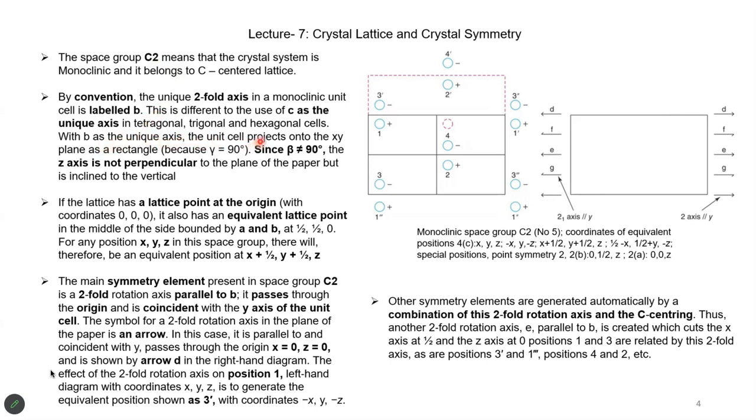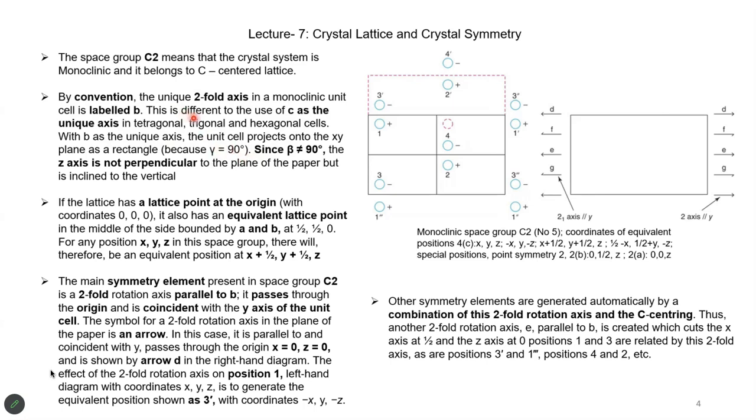With this convention, for the C2 space group with B as the unique axis, the unit cell projects. How do we project this unit cell? We project it in the XY plane as a rectangle. Why the XY plane? Because in that case, gamma is 90 degrees.